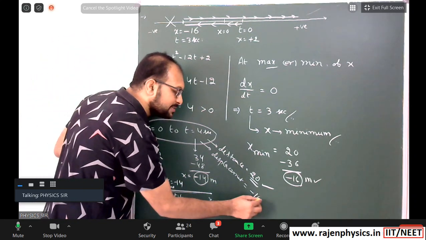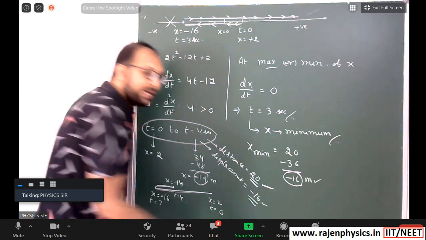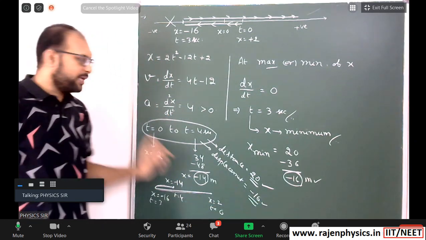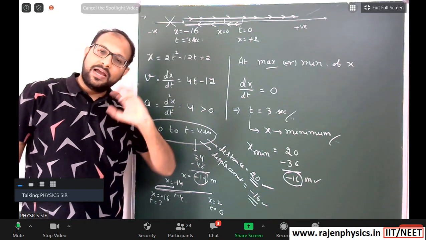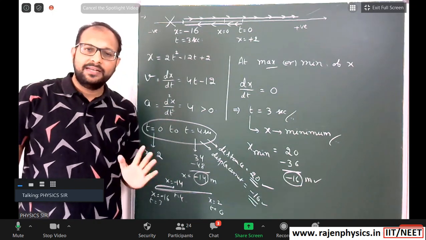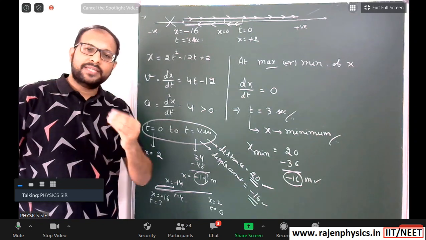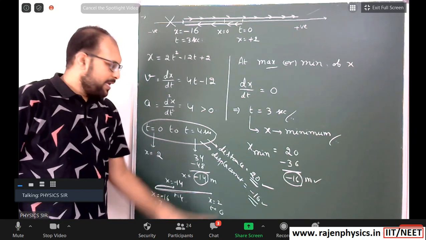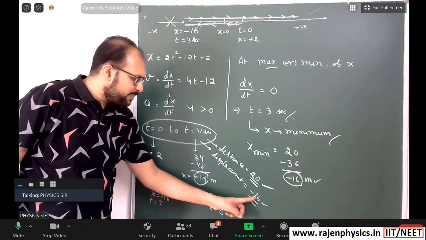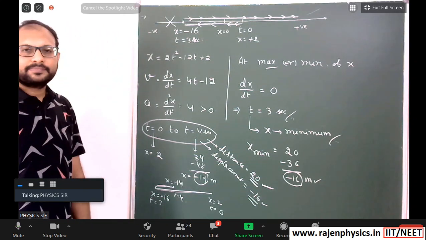Displacement is minus 16. Displacement is a vector, so the sign, plus or minus, is also required, but distance is always positive. This I will tell one more time in kinematics, but students have already completed 9th and 10th, so those primary things are already there. Distance 20, displacement minus 16.